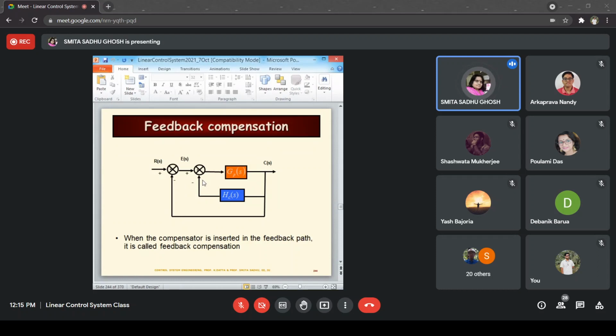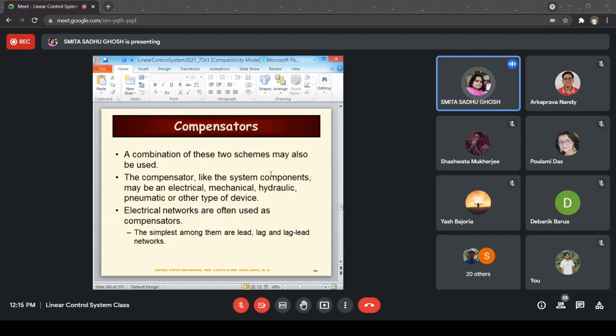We've already studied such a compensator without using this name: that was derivative output feedback, or output rate feedback as we called it. This is the same configuration, but here we are studying the general names given to such compensators. So this is known as feedback compensation, where the compensator is inserted in the feedback path.